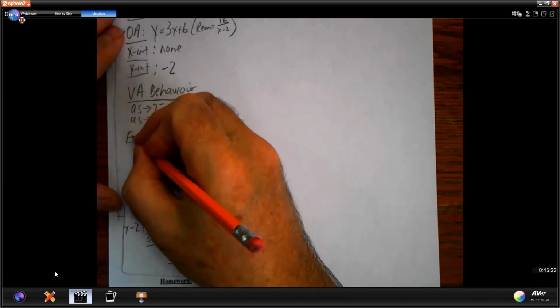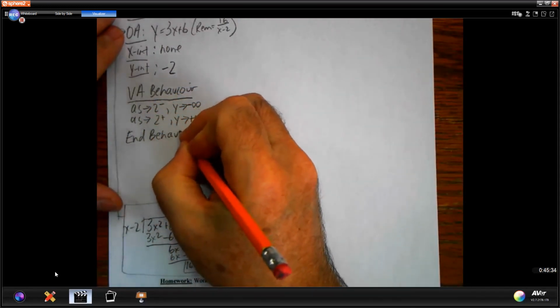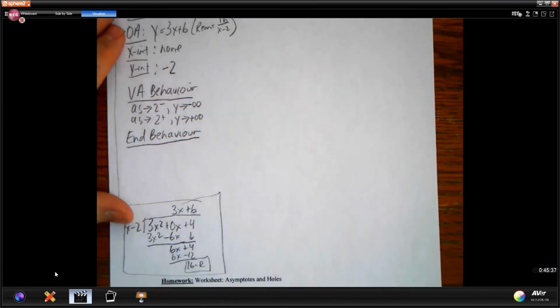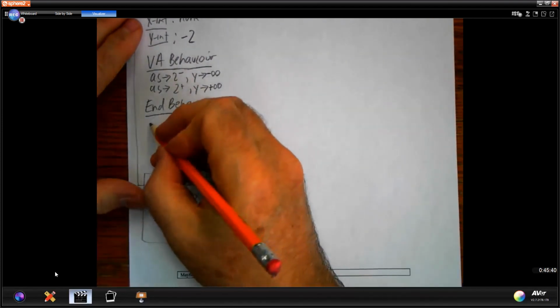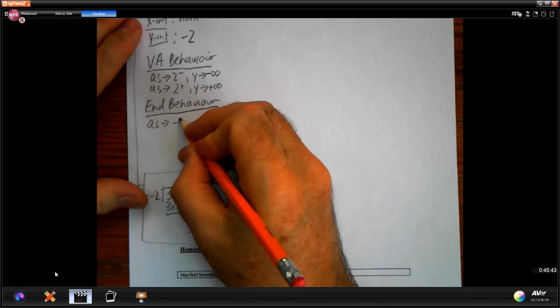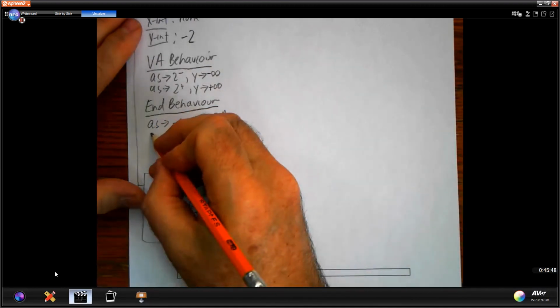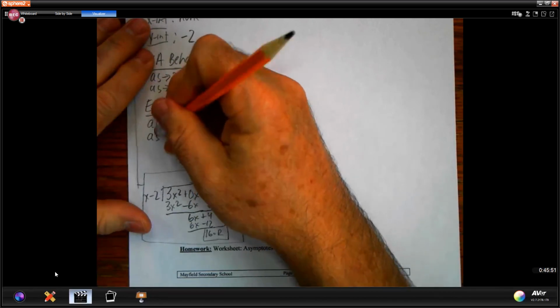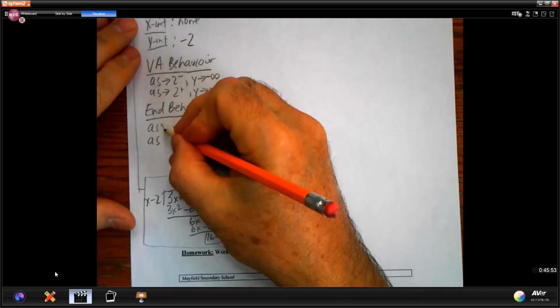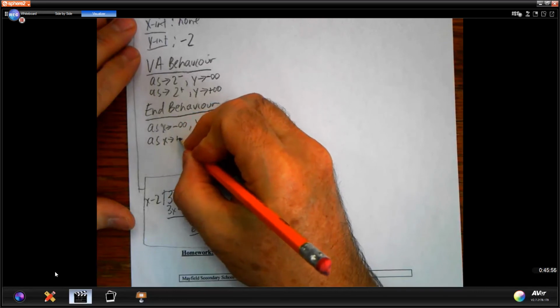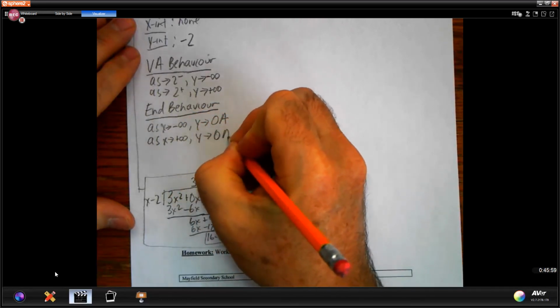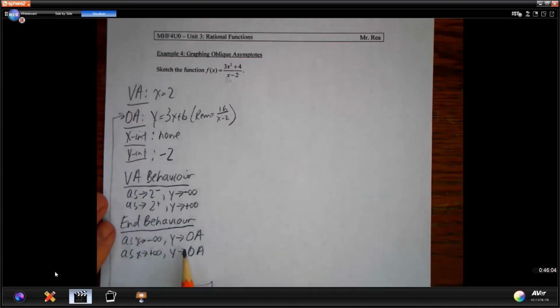And then the end behavior. So this is our oblique asymptote. As x approaches negative infinity, y will approach the oblique asymptote from some direction. Okay, so now we're going to test it out for the second time. If I simulate x approaching negative infinity, I'll use negative 100.